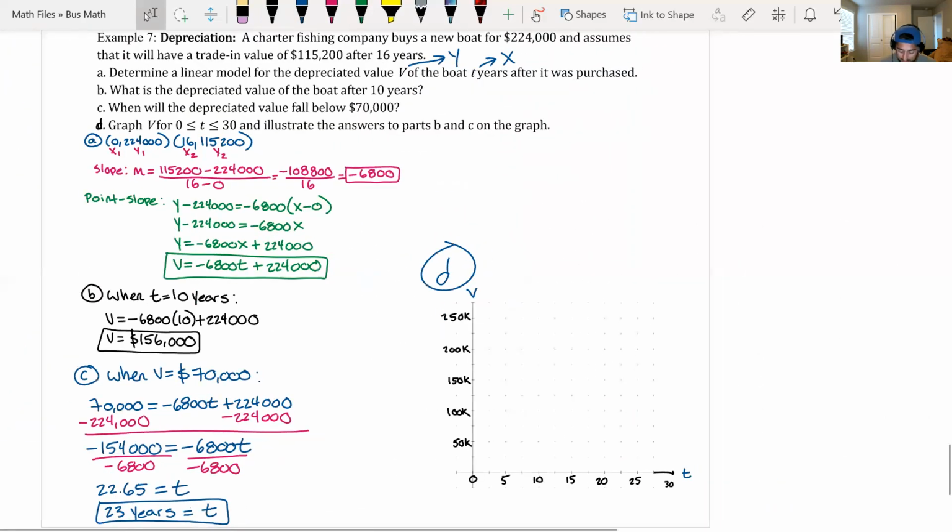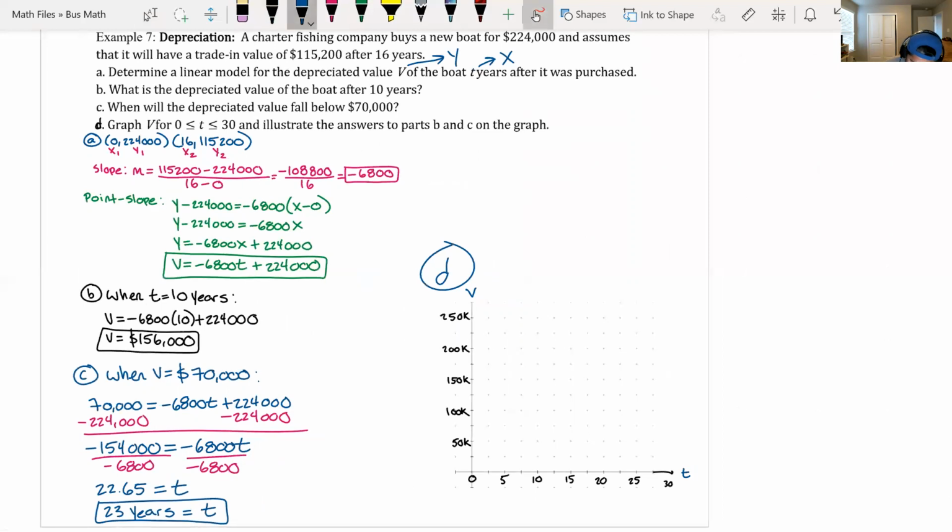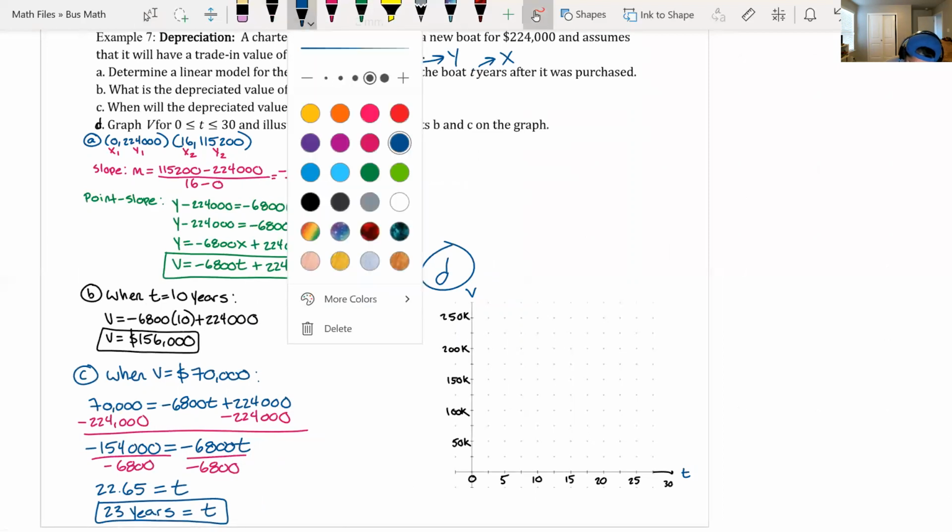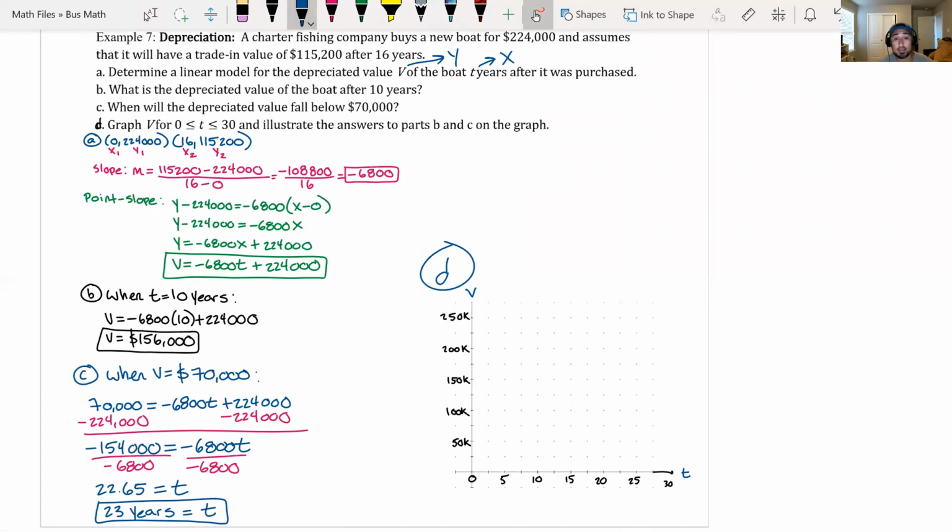Now let's plot. So in 0 years, the boat was $224,000. So that's going to be somewhere around there. And then in 10 years, the boat is $156,000.